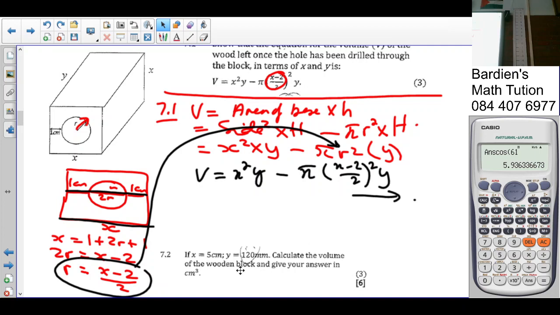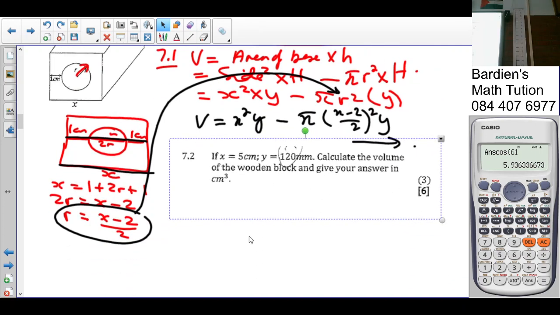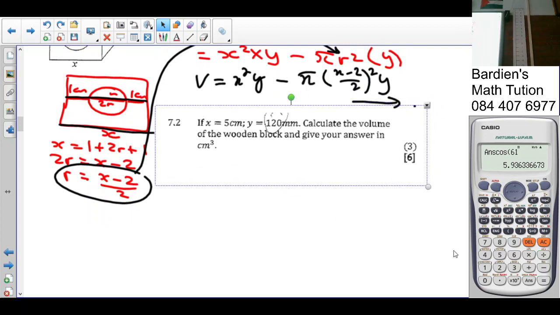The next question we are told in 7.2. If x is equal to 5 and y is equal to 5 centimeters, and y is given in millimeters. So I must convert this to millimeters or centimeters first. Either I convert this to centimeters or that to millimeters.